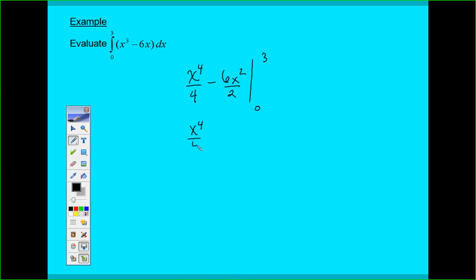So if we just simplify this a little bit. Now, applying the fundamental theorem, we would have f of 3 minus f of 0. So to evaluate this, we would plug in 3, so we'd plug in 3 for all of our x's.